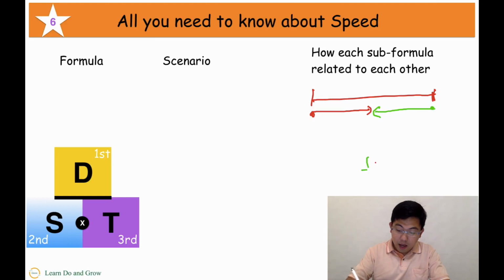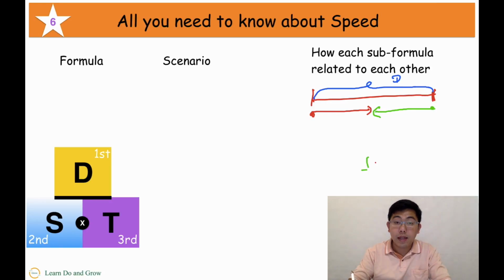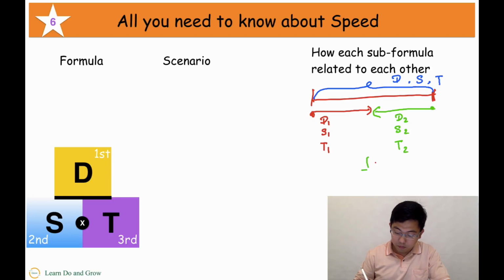Over here I have the whole thing, I call it D. So if I have D, I should have S, I should have T. And over here I have D1, S1, T1. And over here I should have D2, S2, and T2.